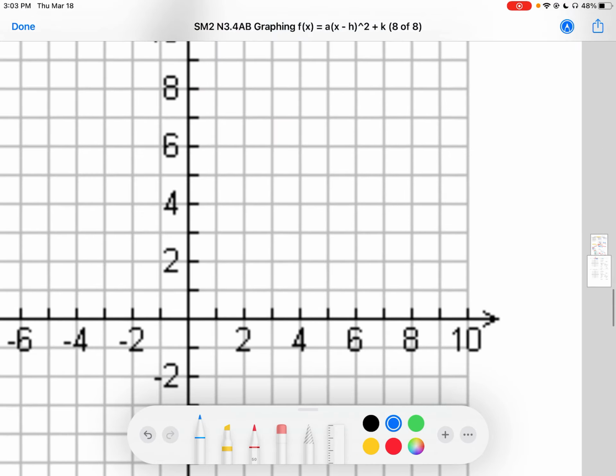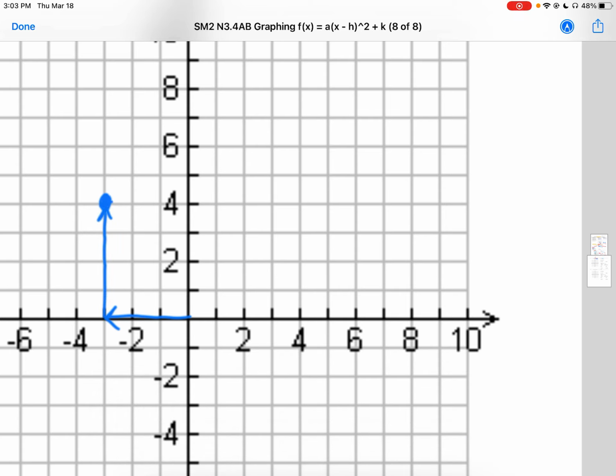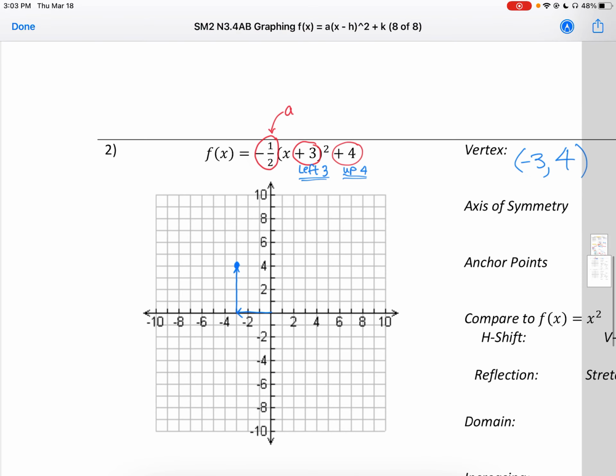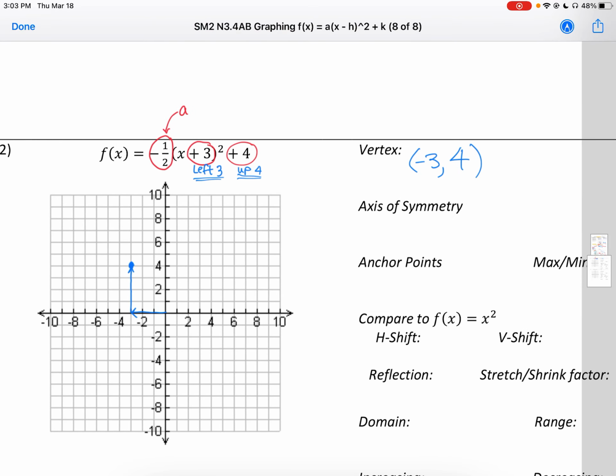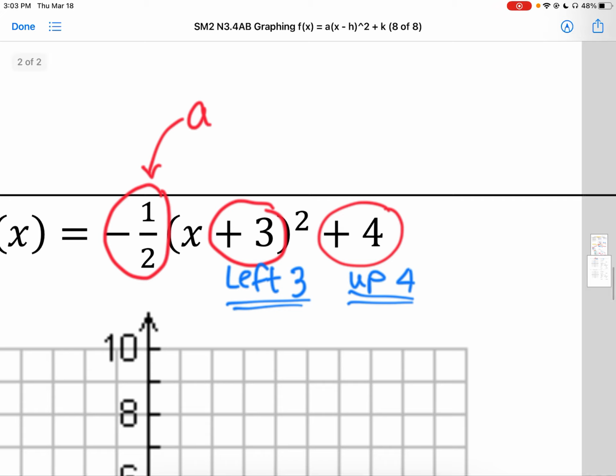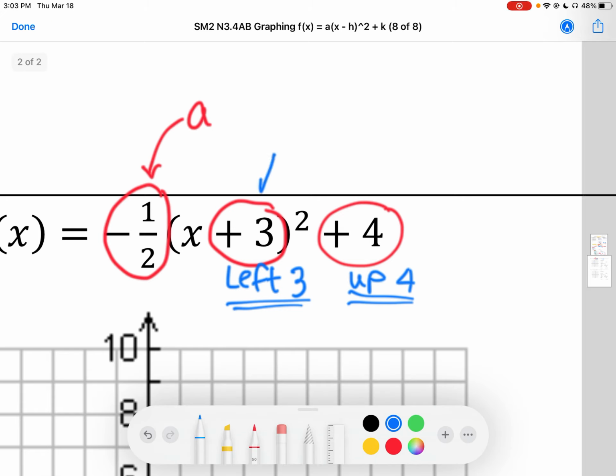Because if I look at my graph, I went left 3, 1, 2, 3, up 4, 1, 2, 3, 4. That's my vertex. Okay, -3, 4. So I have to just look at my equation. I take whatever the opposite sign of this is. So that means h is -3, and then whatever the sign of that is, so k is 4. So I just have to swap the sign of the one attached to the x.